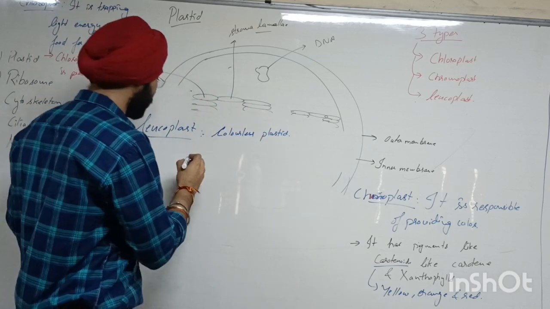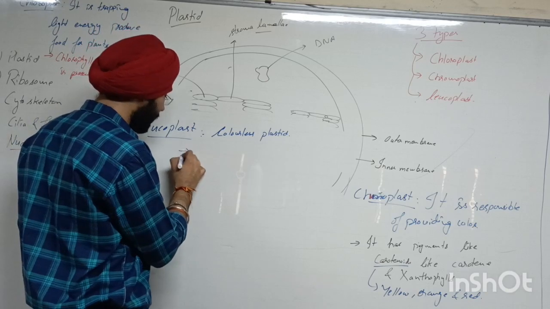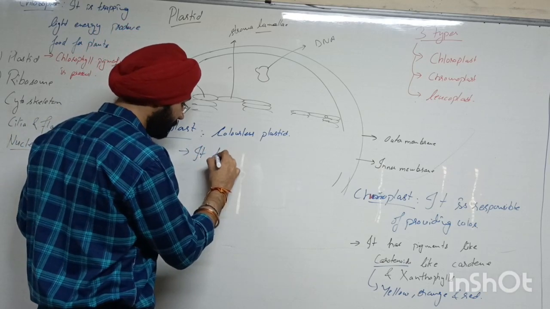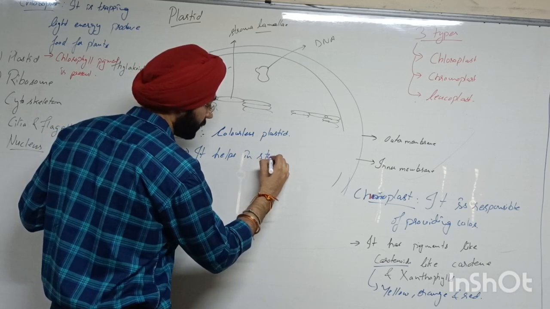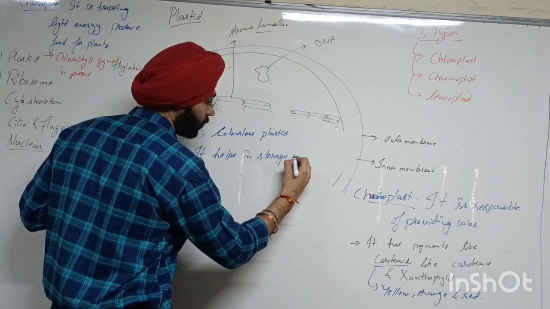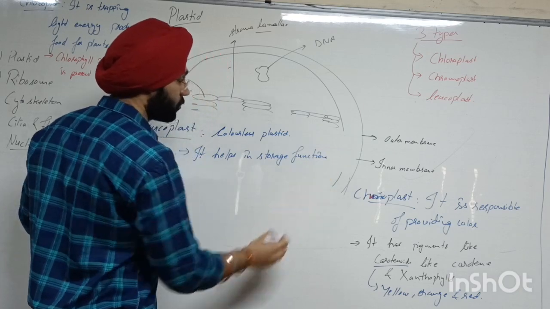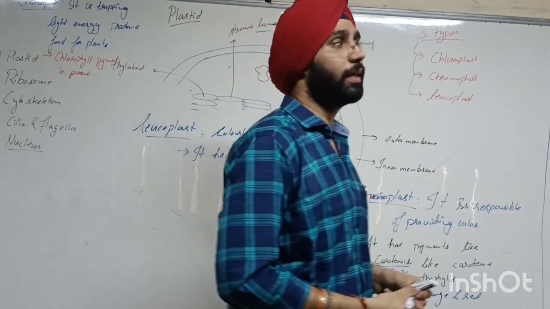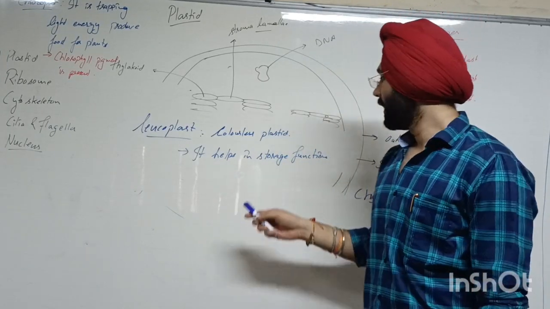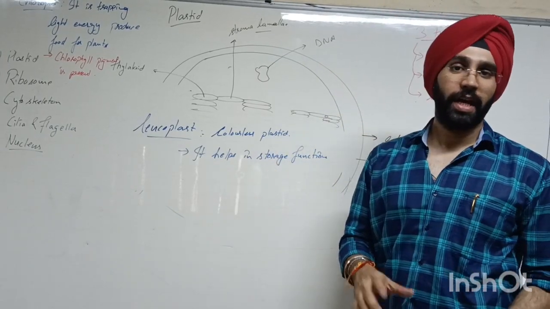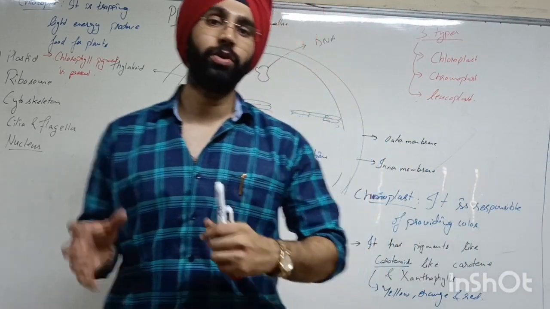It does not have any color. It helps in storage function. So the third plastid, that is leucoplast, is basically colorless and it helps in storage function. And it could be of three types depending on the type of substrate or organic compound they are storing.